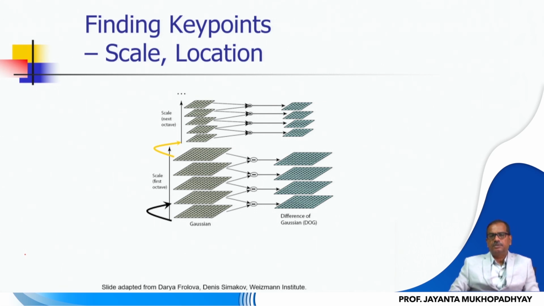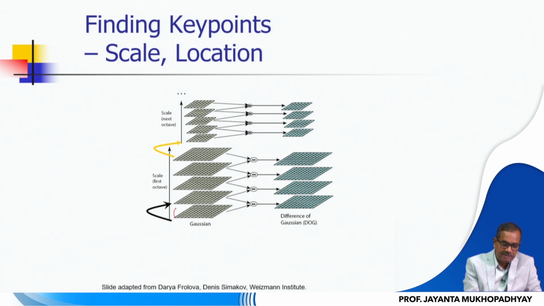Just to elaborate further on the scale space representations: we perform the scale space representation at different scales, but you can see that a pragmatic scheme has been used. First, you take a certain spatial resolution of the image, keep the same spatial resolution, and apply filtering with sigma.